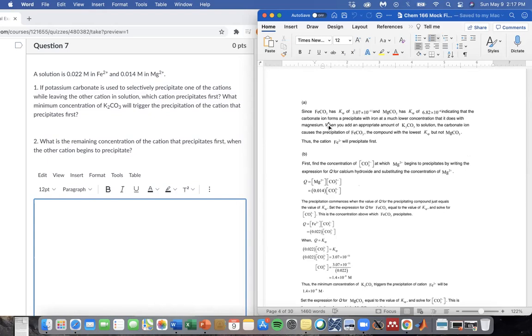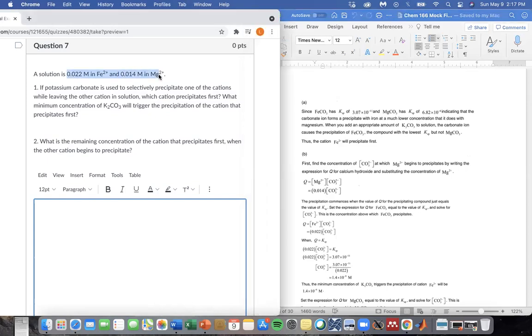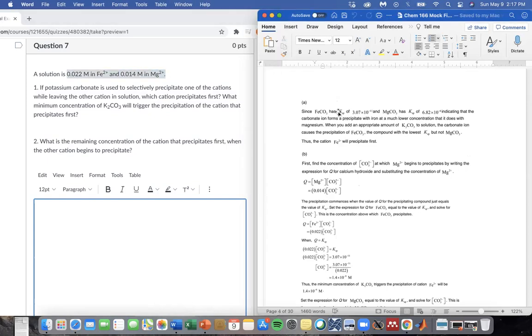Because FeCO3 has such a lower KSP than MgCO3, it's going to precipitate out first. You have really similar initial concentrations, but their KSPs are orders of magnitude different. So a smaller concentration of CO3 2 minus is going to reach that KSP and break that barrier where Q becomes greater than K and it actually starts precipitating out.